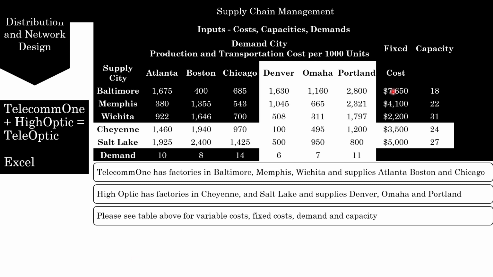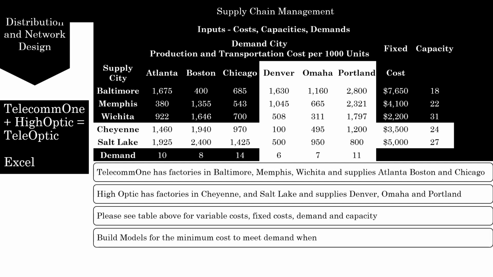And you have fixed costs here. Here's the capacity, here's the demand in each location, here's the production and transportation costs. Let's assume that at the start, these two companies are separate. They are operating separately, right? And so we're trying to figure out the minimum cost way of allocating to the demand.